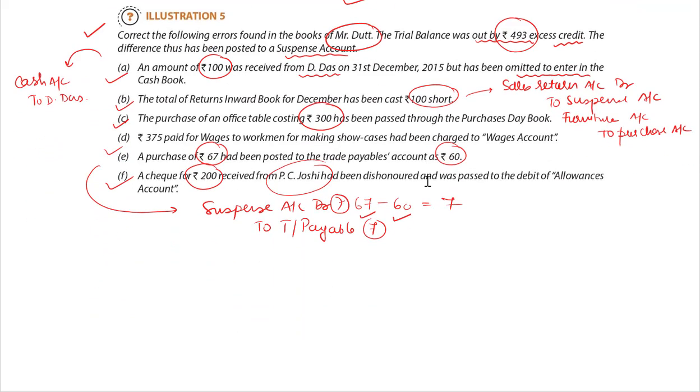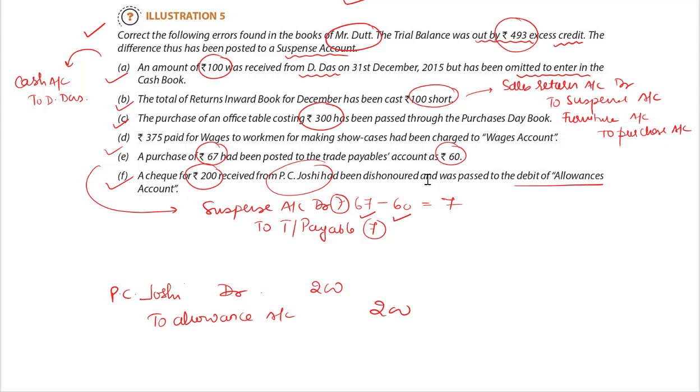Then it was dishonored. So PC Joshi will become a debtor again because it is dishonored. So PC account should be debited, but it was passed through debit of allowance account. By mistake we have debited the allowance. So we will credit the allowance now by 200. I think it is clear.